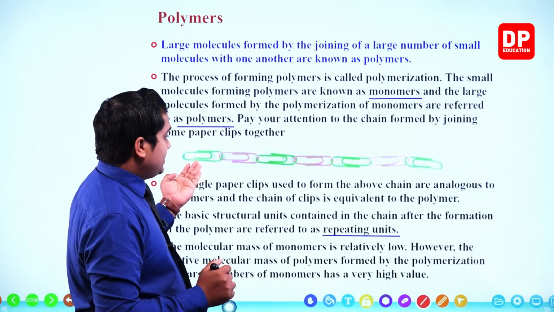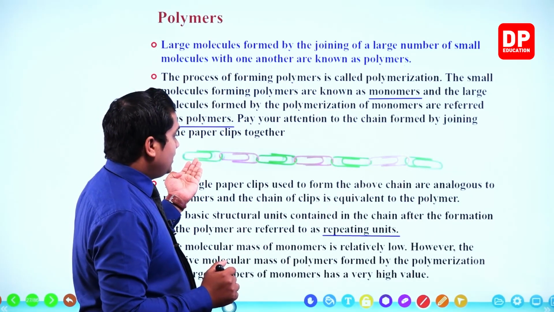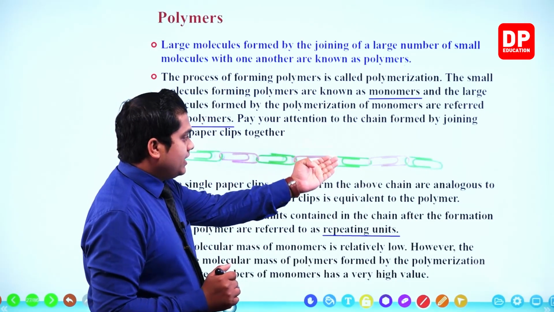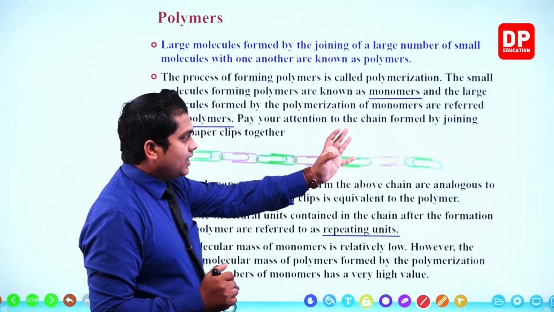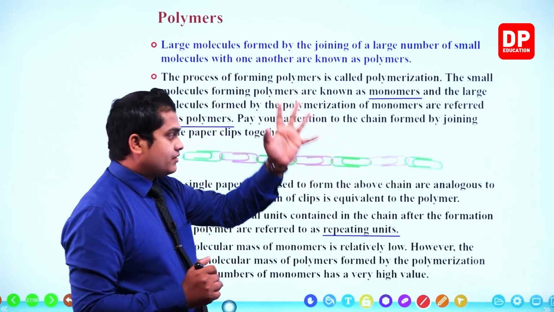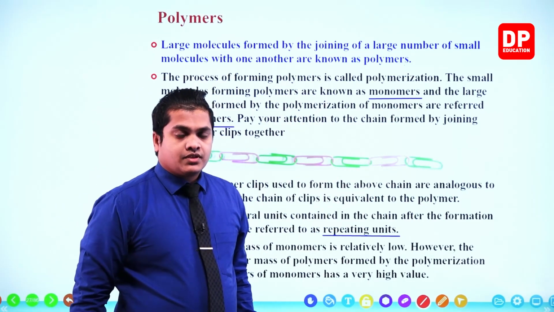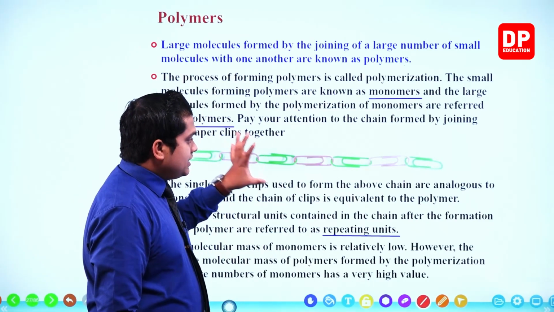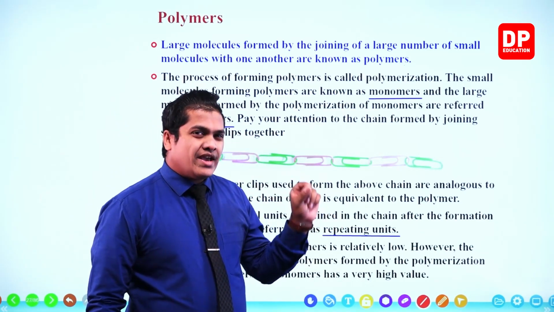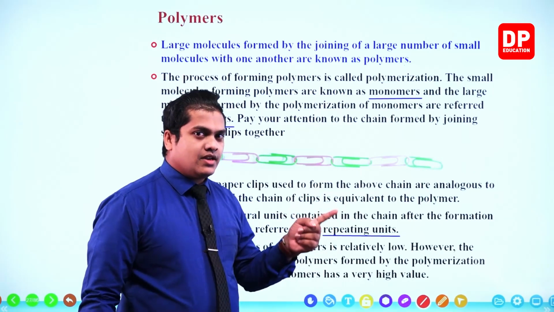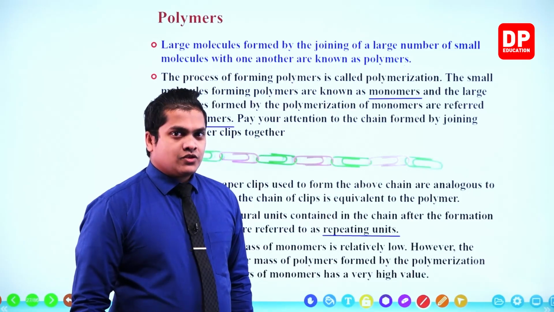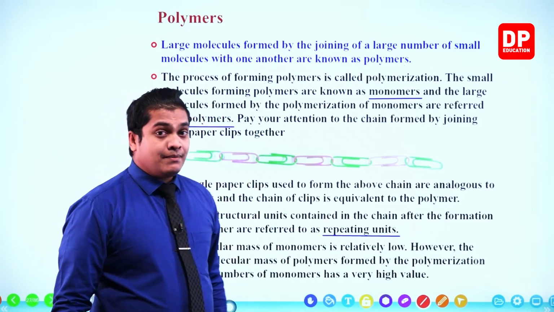Here you can see a green one, a pink one, green, pink, green, pink, like that it travels to the end. These structures are called repeating units.